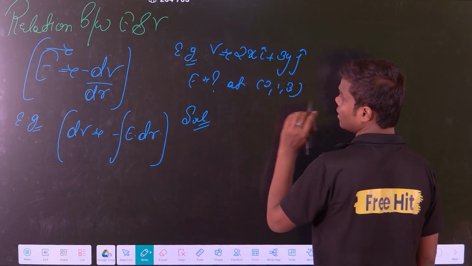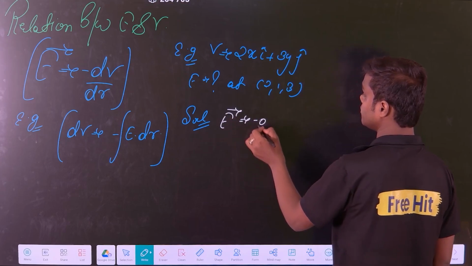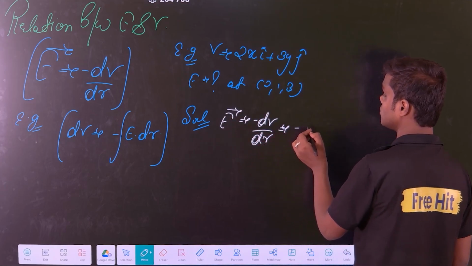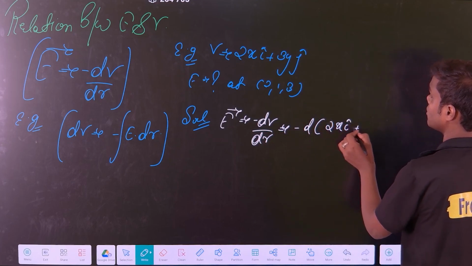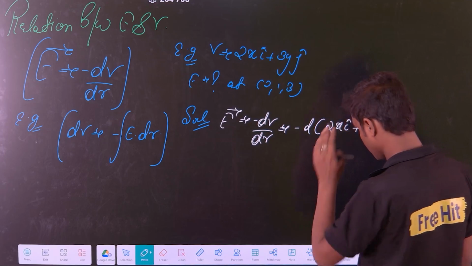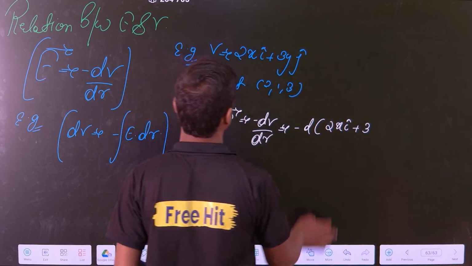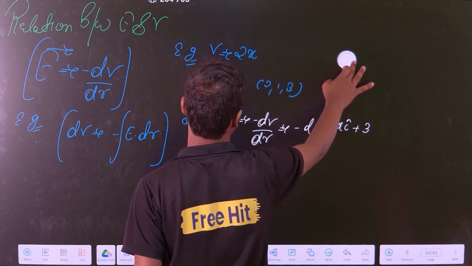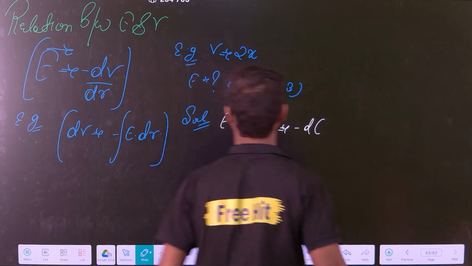We know electric field is minus dV by dr. Sorry, I made one mistake, a blunder. Potential is a scalar quantity, so how can it be a vector?